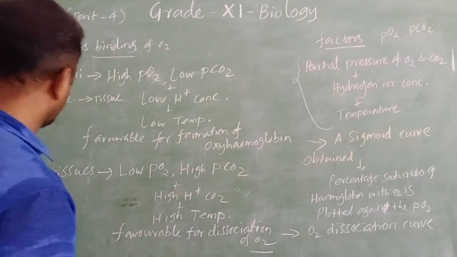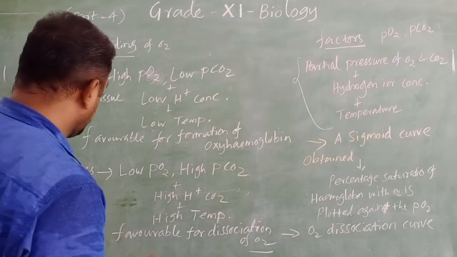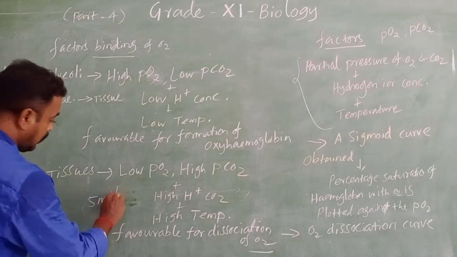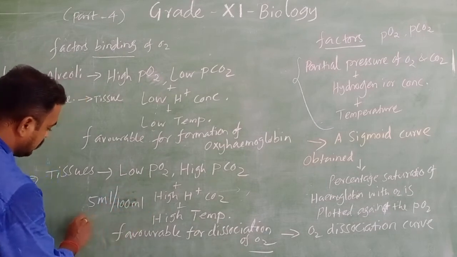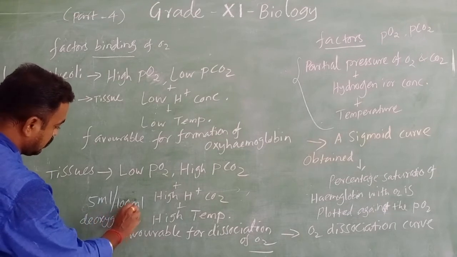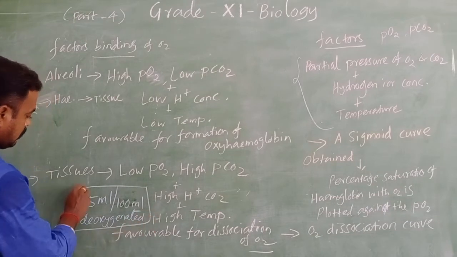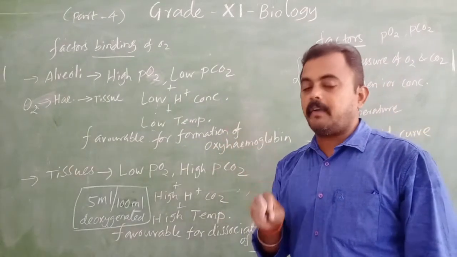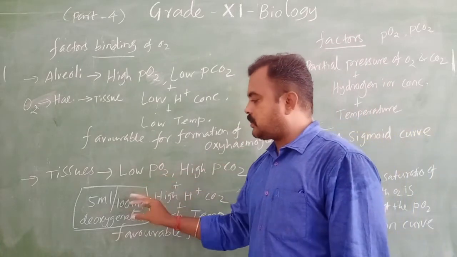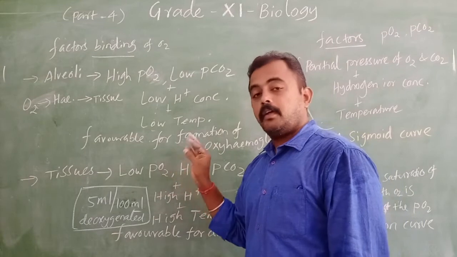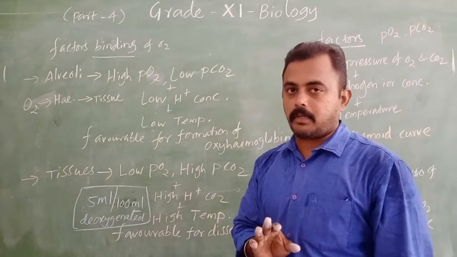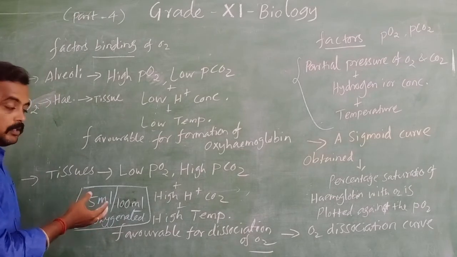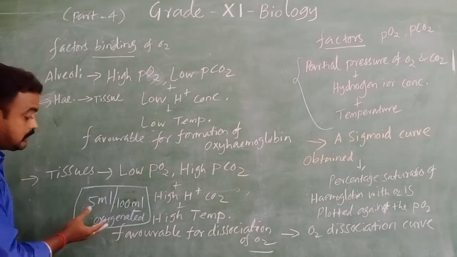Next, how much oxygen is the tissue getting? Actually the tissue is getting 5 ml out of 100 ml oxygenated blood in normal physiological function. 5 ml oxygen is received by the tissue from 100 ml of oxygenated blood, because blood carrying oxygen is called oxygenated blood.